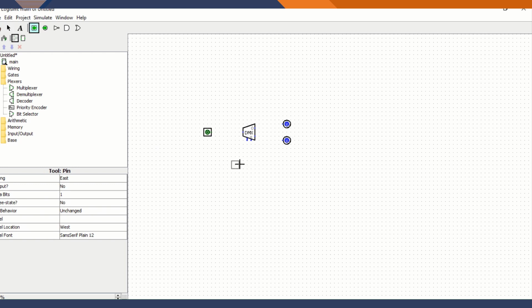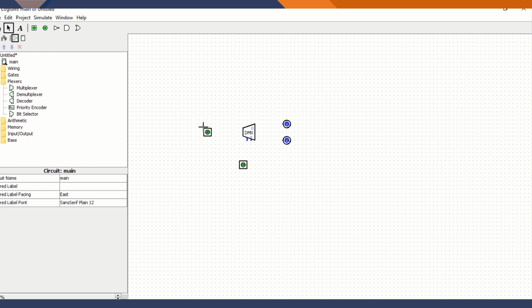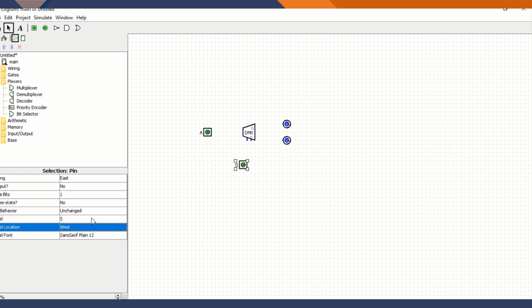I am going to label this input. This is input A. This is selection line S. This output is Y1. This output is Y0.